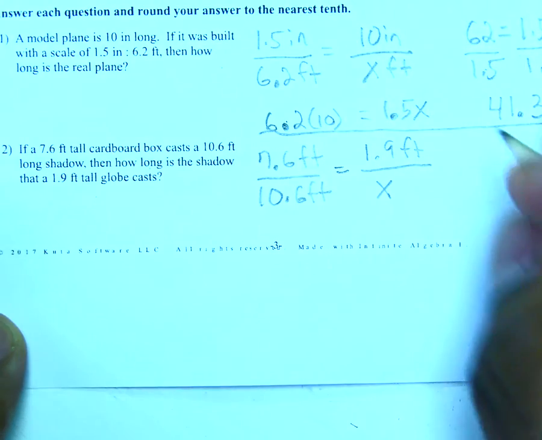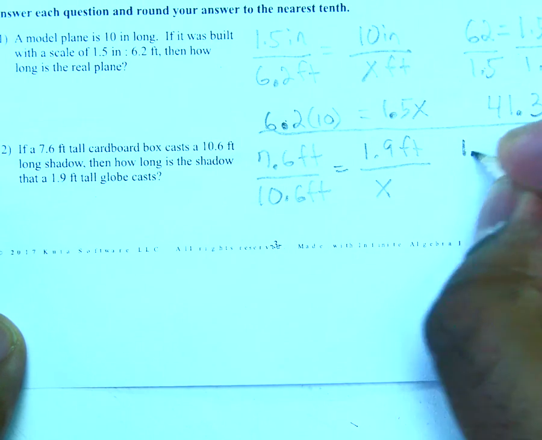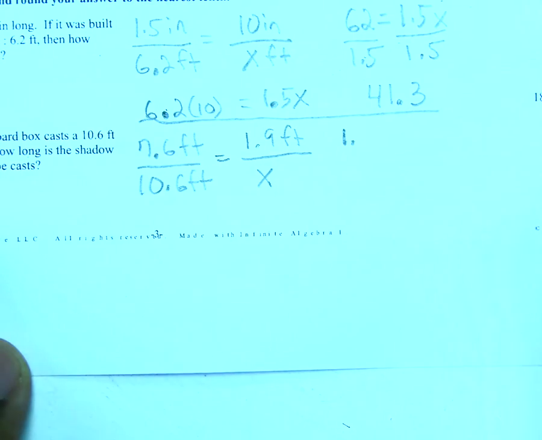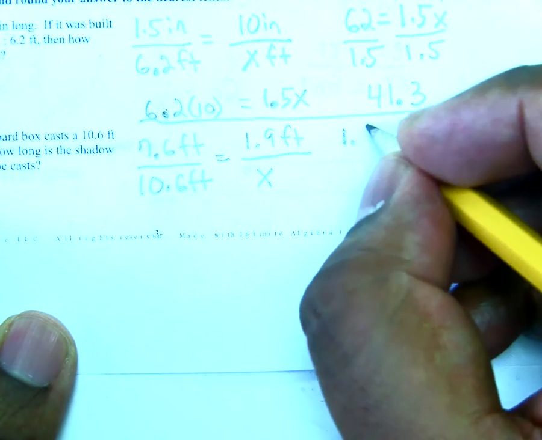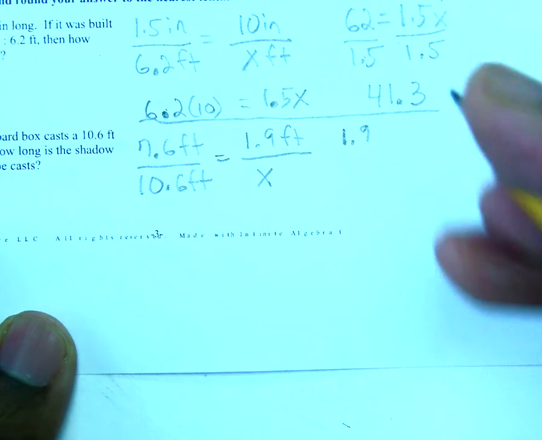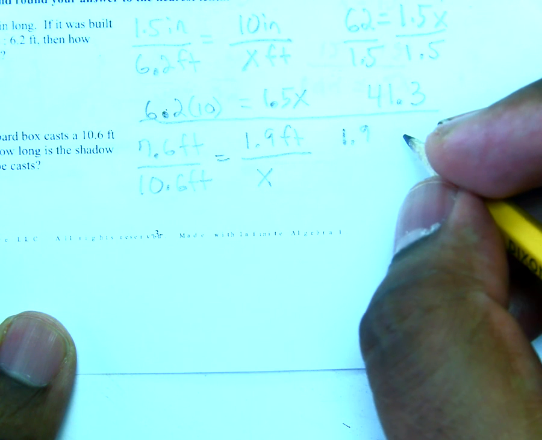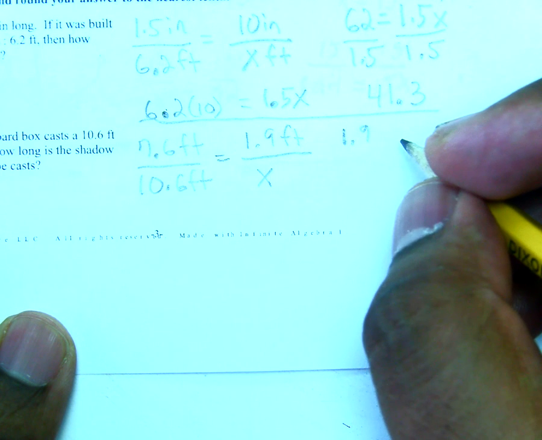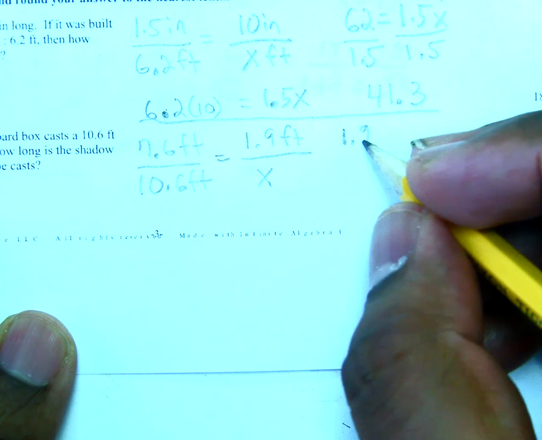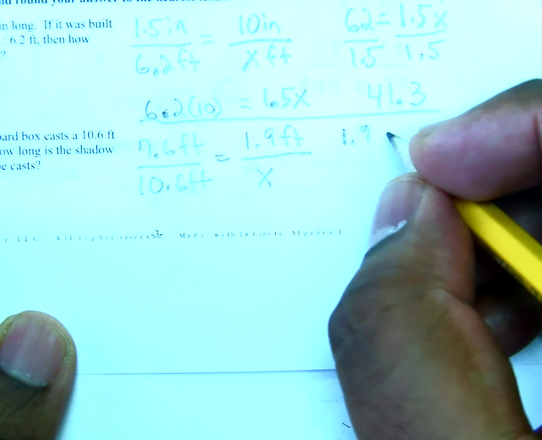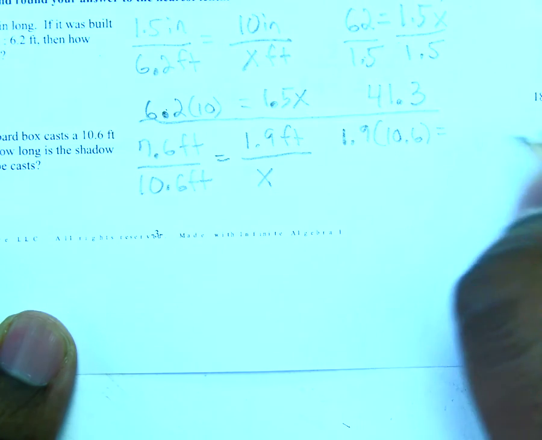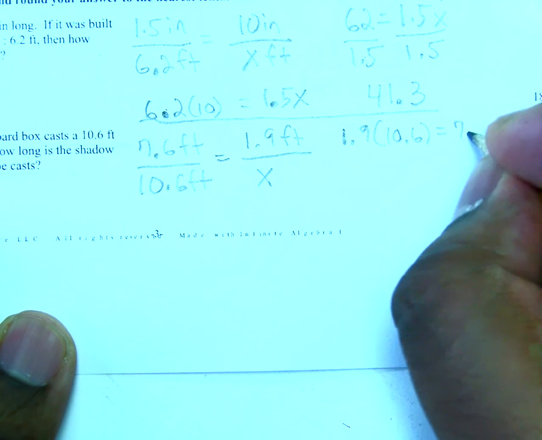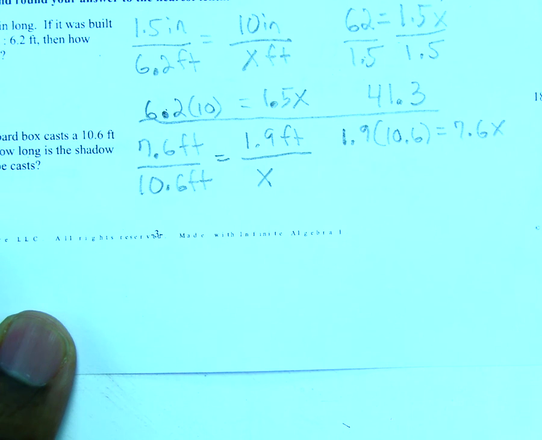Now when we cross multiply, we'll get 1.9 times 10.6 is equal to 7.6 times x.